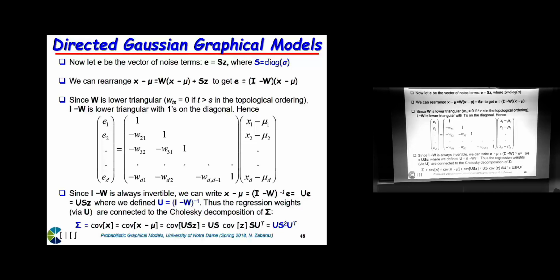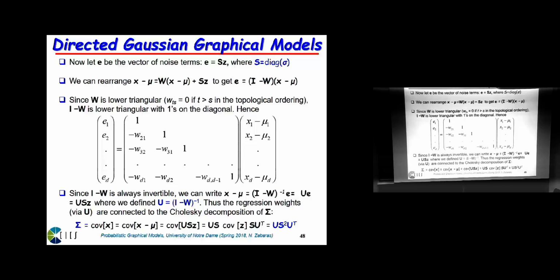If you're interested to find the covariance, where we did the complicated calculation, the covariance of X is the same as the covariance of X minus mu. X minus mu from this equation is U. This is U, by the way, the inverse of I minus W, the weights, all right? So the covariance of U times S times Z. S, you remember, is the diagonal of the conditional standard deviations.